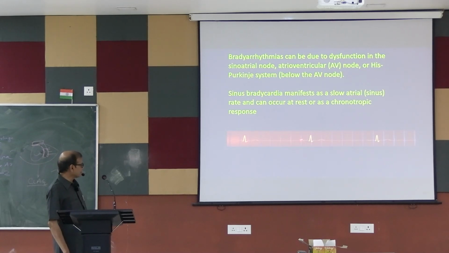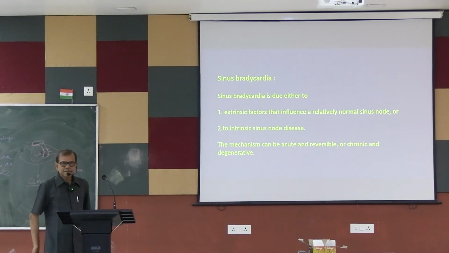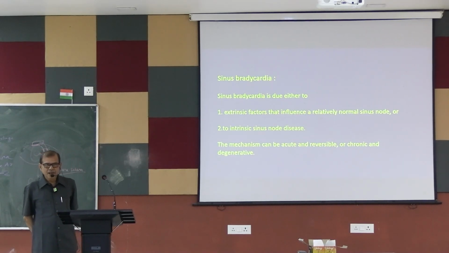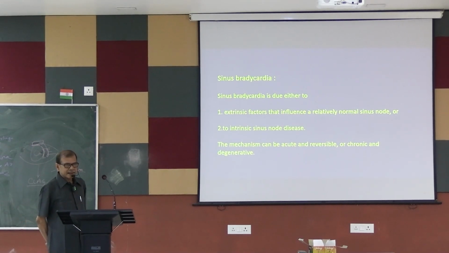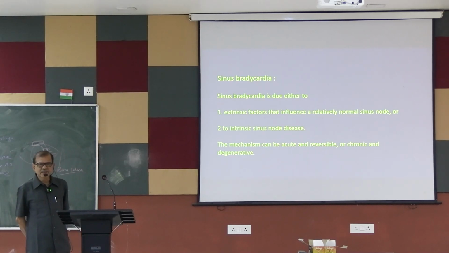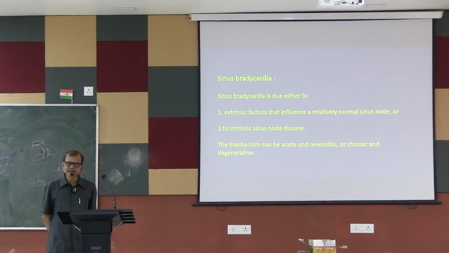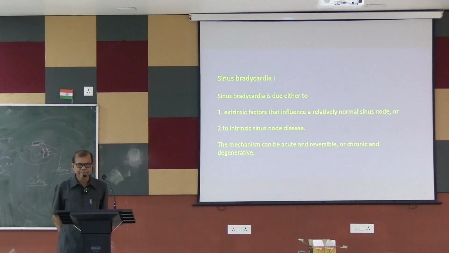This is sinus bradycardia. Heart rate is less than 60 beats per minute. Sinus bradycardia may be physiological and reversible, or sinus bradycardia may be pathological. Speaking of sinus bradycardia, we should mention some extrinsic factors that are reversible, and then intrinsic diseases of the sinus node or atrial myocardium, which are virtually irreversible.